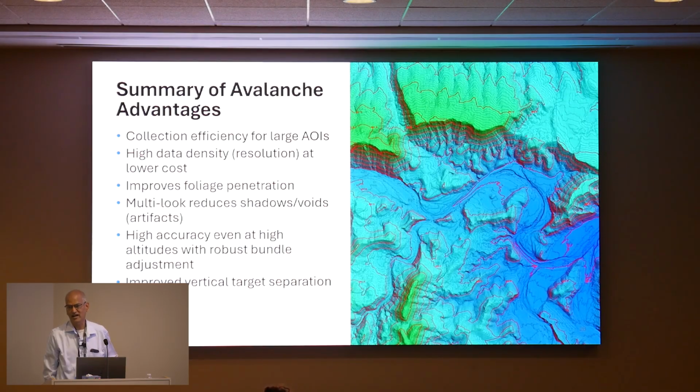At the same time, we want a lot of clarity in the data, and to reduce the shadows and voids. And it is high accuracy, even at high altitude. That's a very important thing. We can almost get comparable accuracy to linear mode, 7 centimeters, 8 centimeters, similar to the QL1 LIDAR accuracy in the case of linear mode LIDAR.